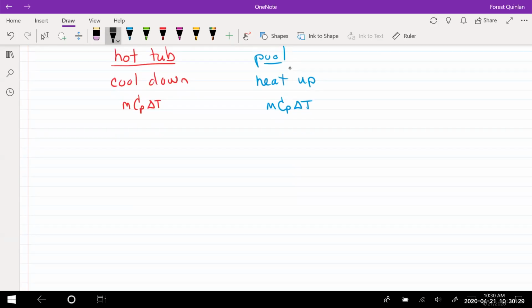So hot tub to pool. This is what we're looking at. One is cooling down, one is heating up. So this cooling down means we have a negative MCP delta T for the hot tub is going to equal the positive MCP delta T for the pool. And I'll go ahead and do this. We'll do HT for hot tub, and we'll do pool for the blue.